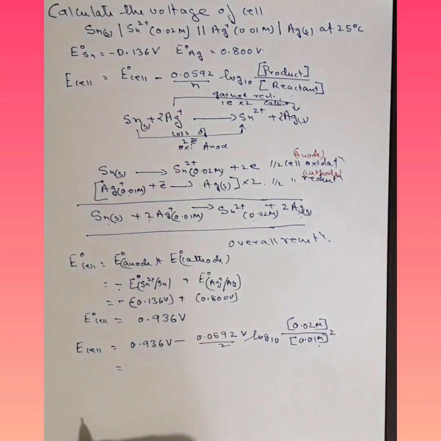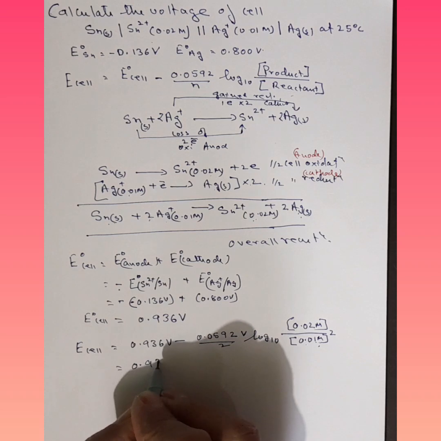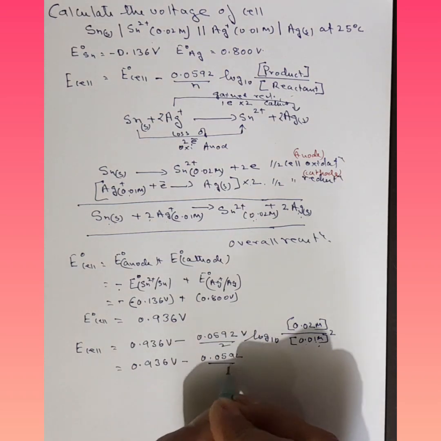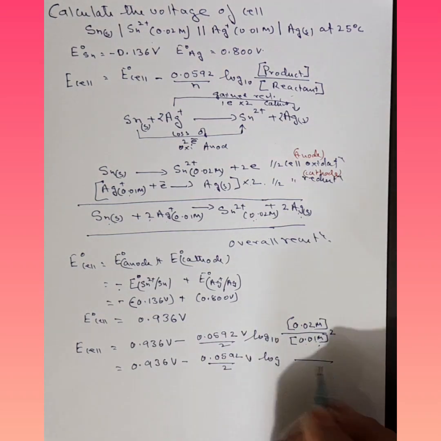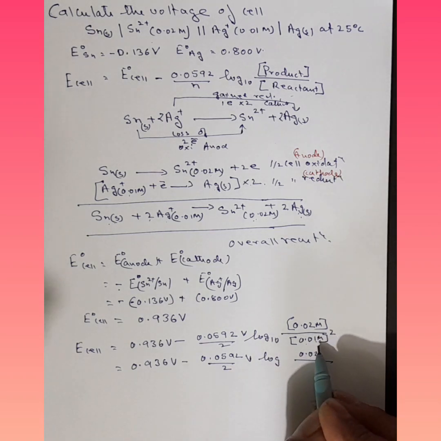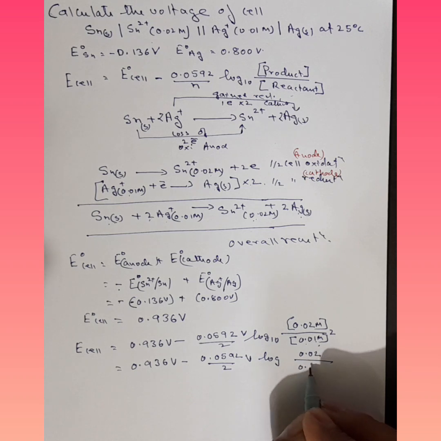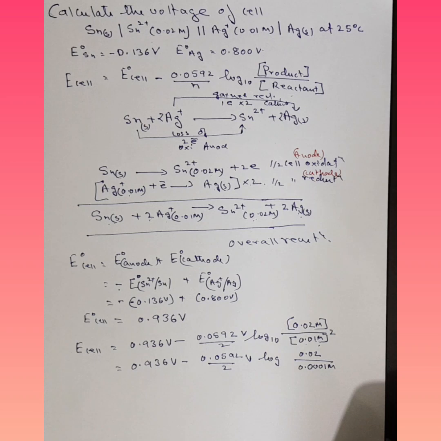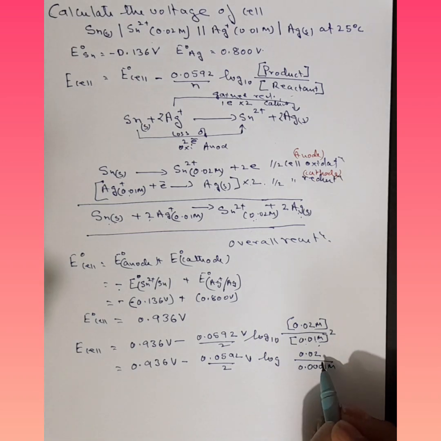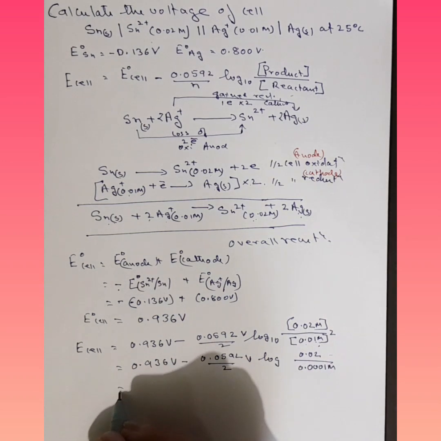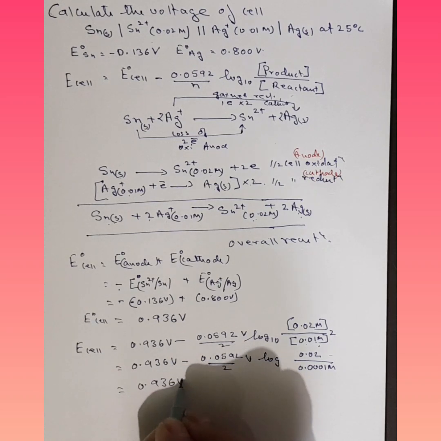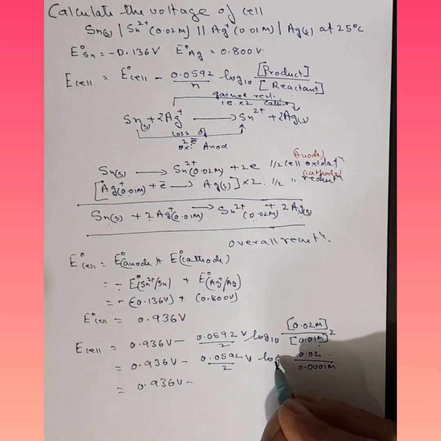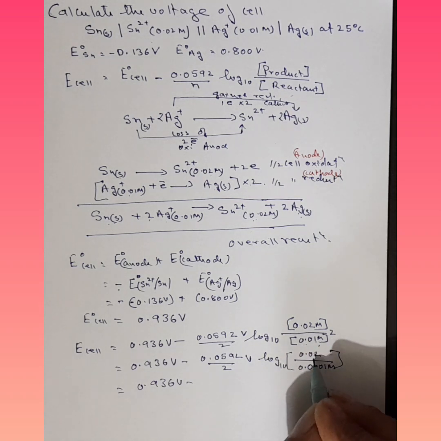So our formula now gets to this, and this is squared. In case of log, we can do cancellations over here.